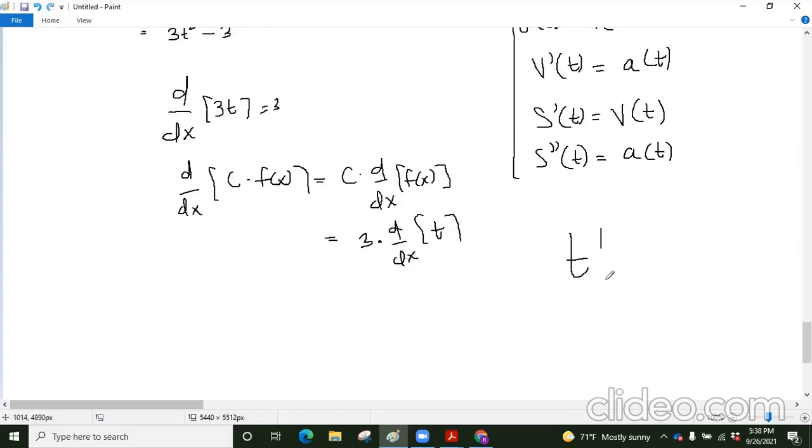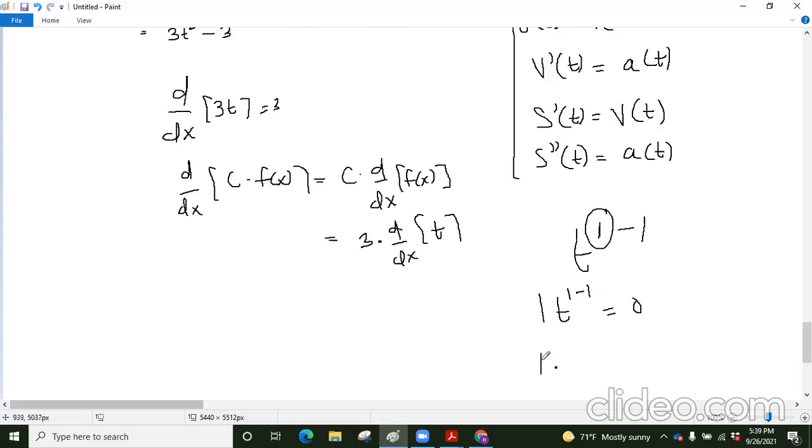Well, you know that there's an implicit 1 exponent here. So when you bring that 1 down, you get 1 times t to the 1 minus 1, and 1 minus 1 is 0.